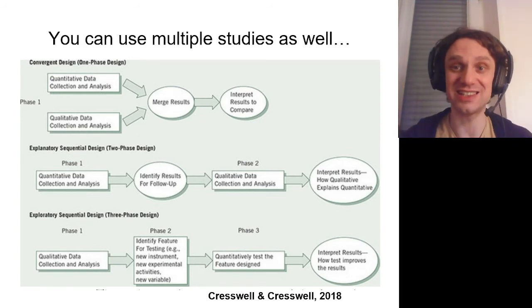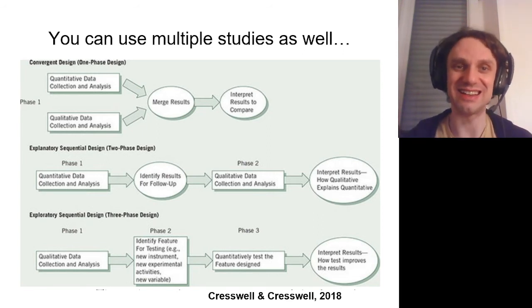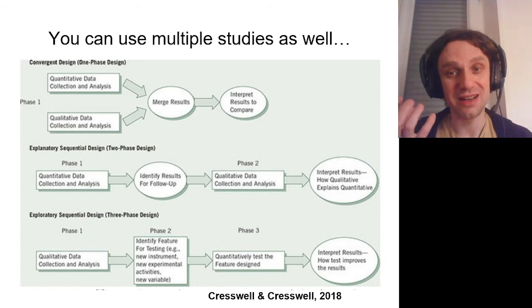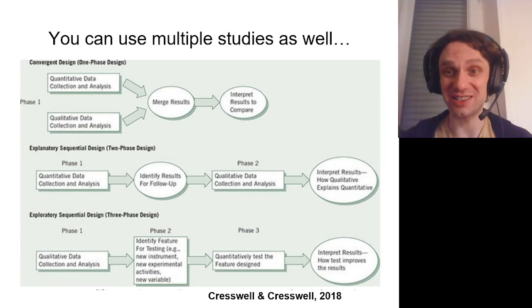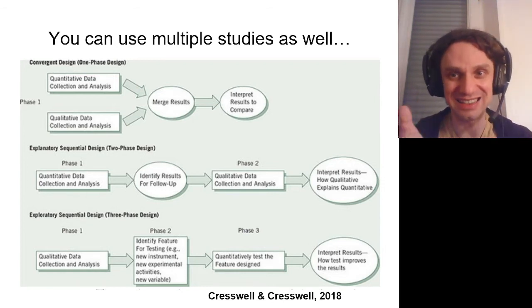And then, as a result, your conclusions are based not only on quantitative or qualitative data, but you again connect the results and you show how your qualitative data explain what you have obtained using psychometric measures. That's why it's called explanatory sequential design. First you measure something, and then in order to understand it, you go and collect some qualitative data.